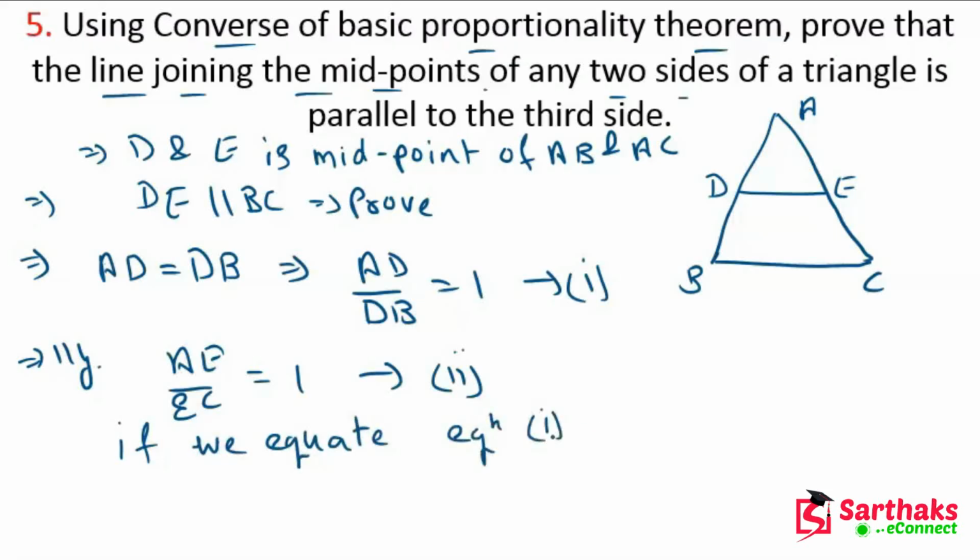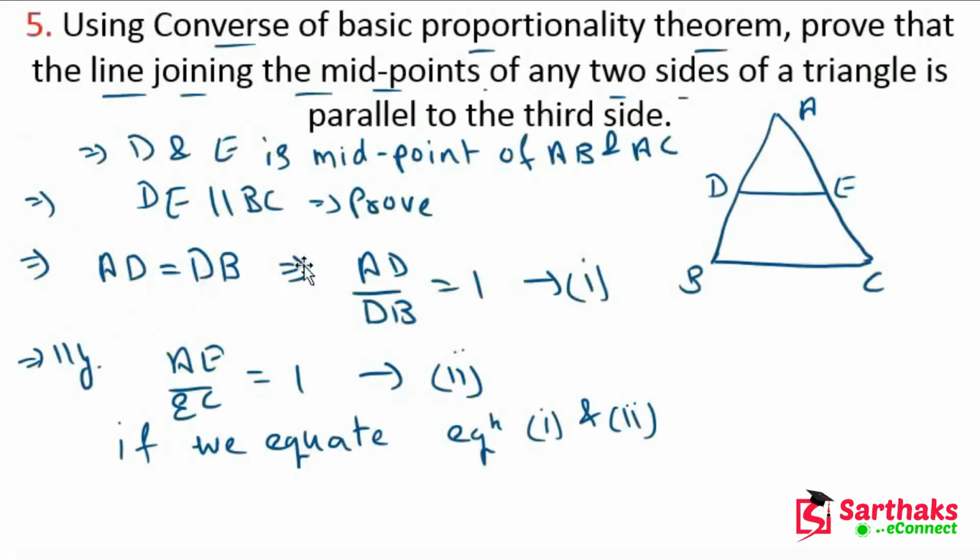Now if we equate equations first and second, we get AD upon DB is equal to AE upon EC.